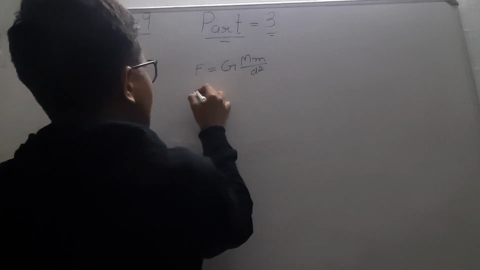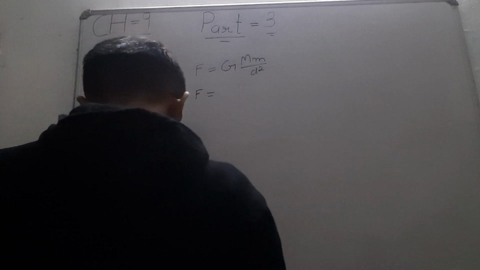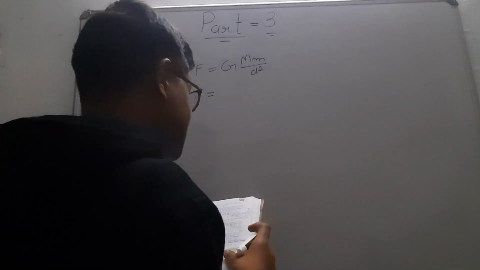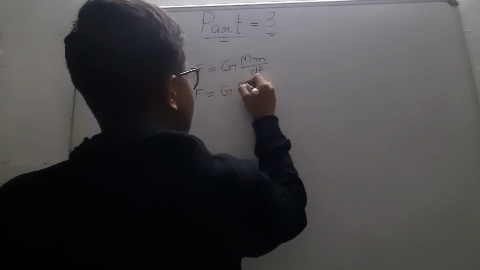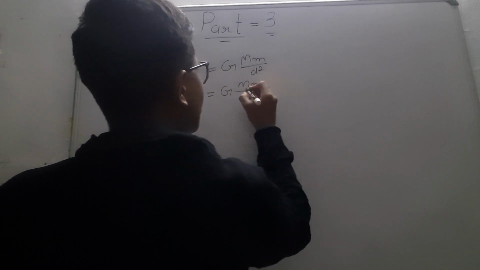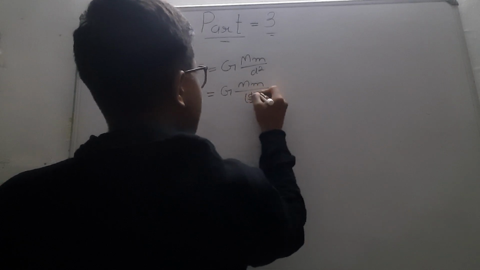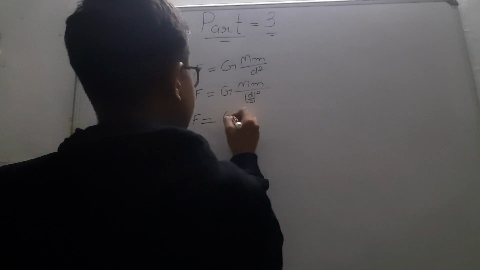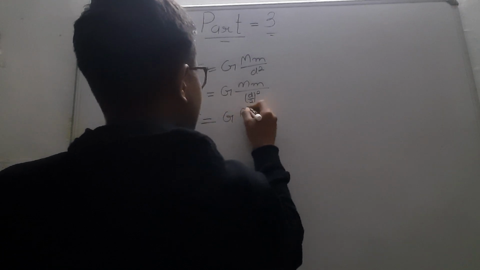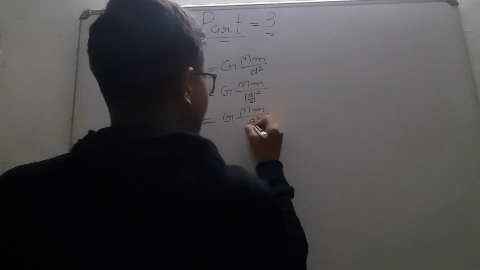This is the formula. F is equal to G m1 m2 upon d square. What they have said is the distance between them is reduced to half. That means d upon 2, squared, so F is equal to G m1 m2 upon d square upon 4.